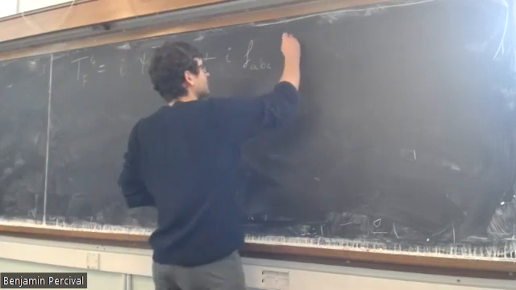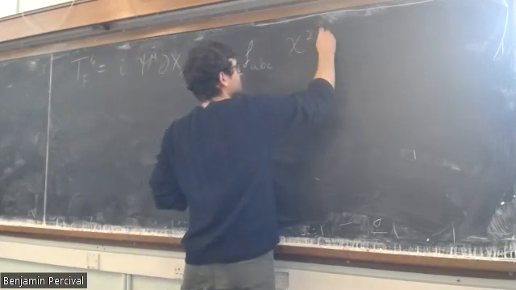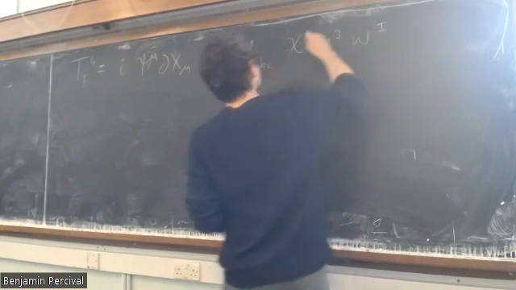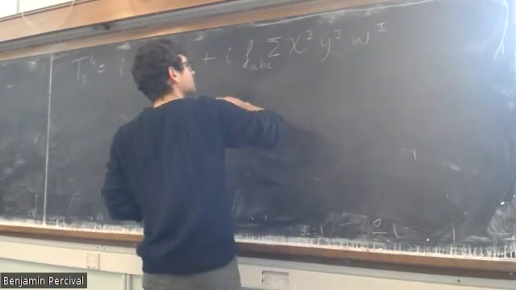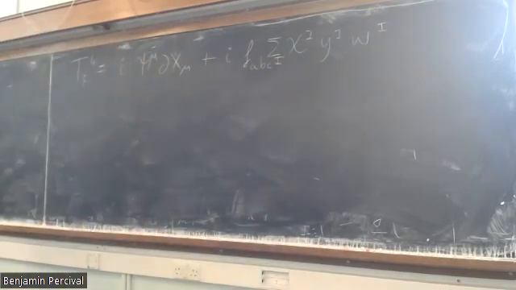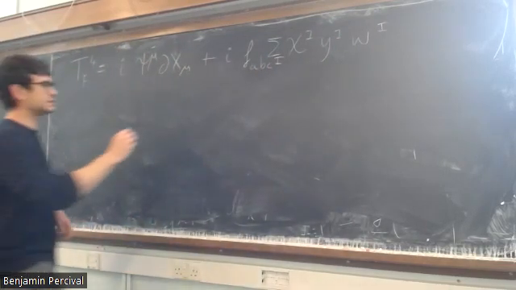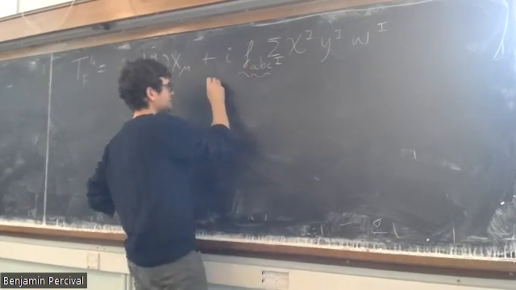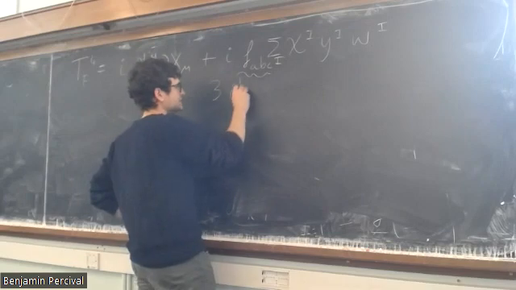So chi I w I, sum over I from 1 to 6. There are actually 3 choices.